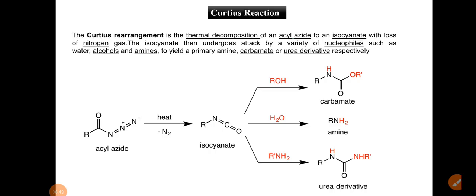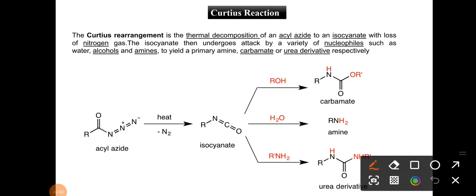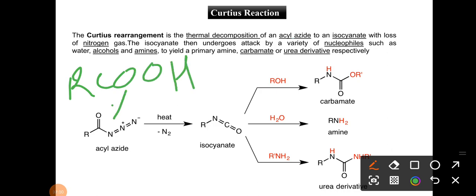That acyl azide is formed when the carboxylic acid, RCOOH, is treated with sodium azide. So carboxylic acid and sodium azide react to form the acyl azide.